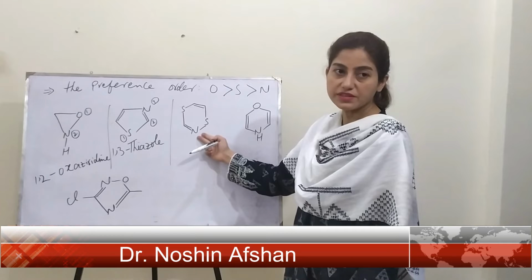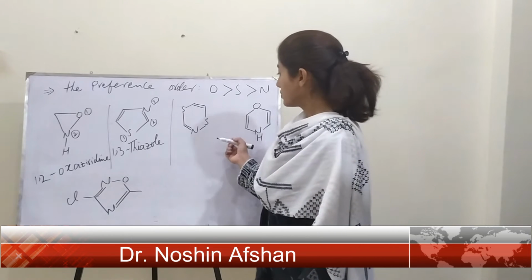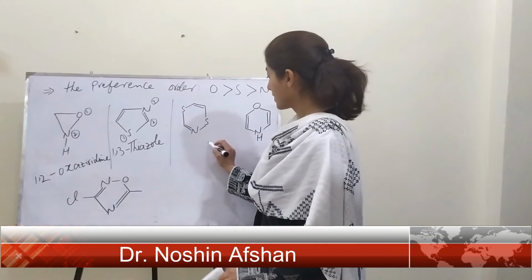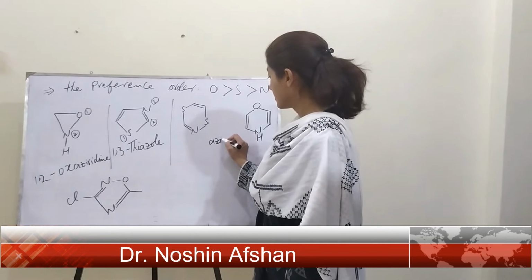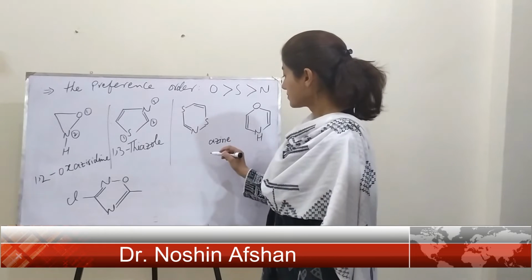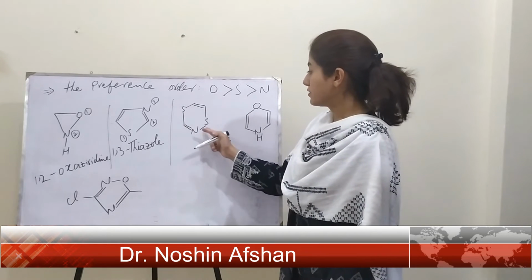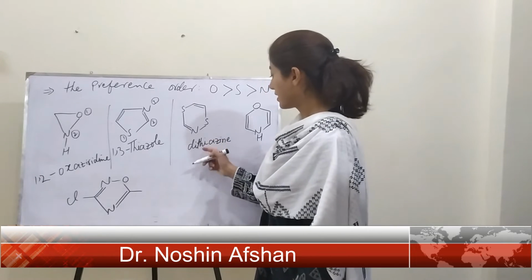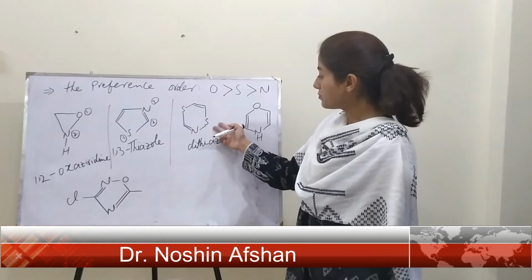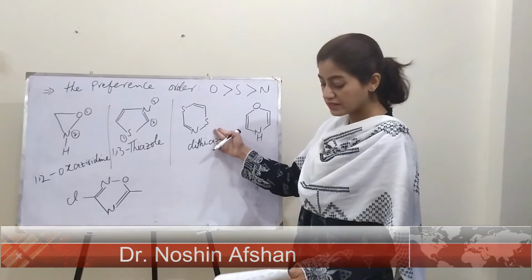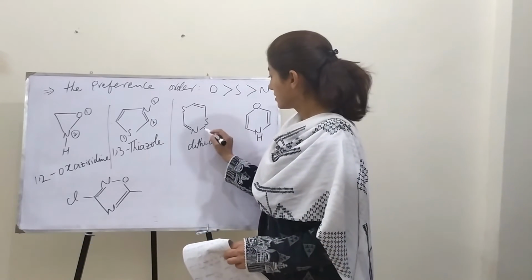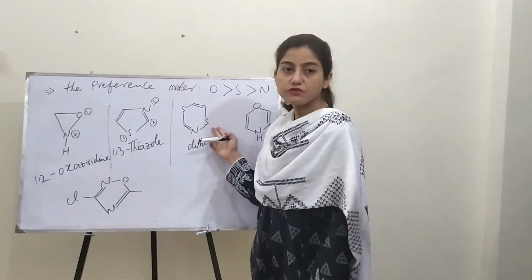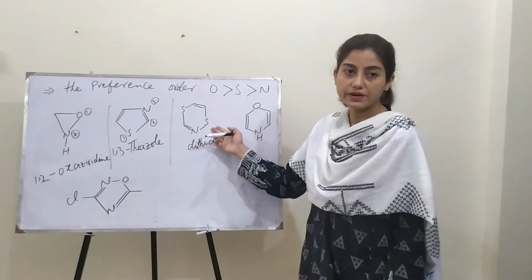So in this case the parent name would become azine, and there are 2 sulfur, so it would be dithia. And at which positions are the 2 sulfur atoms? Okay, here we have to decide which sulfur atom would be given priority.